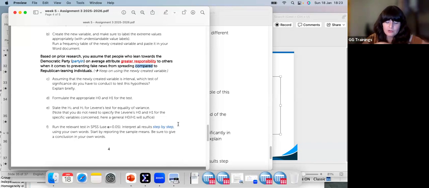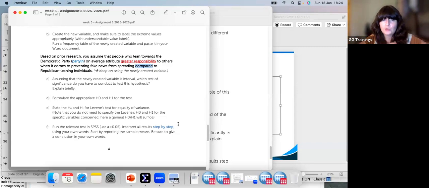The H0 and the H1 of the Levene's test have the same basic structure as the hypotheses for the t-test. But instead of looking at the population average, which is a mean, the Levene's test looks at variance. In week 2, you learn about variance. We also covered it briefly in the last training session. So your H0 for the Levene's test is that the population variance of the first group is equal to the population variance of the second group.